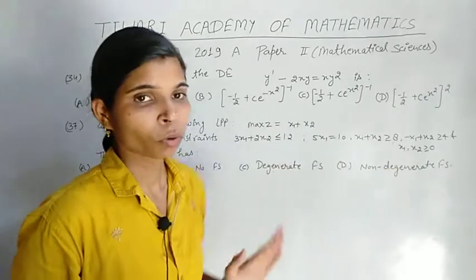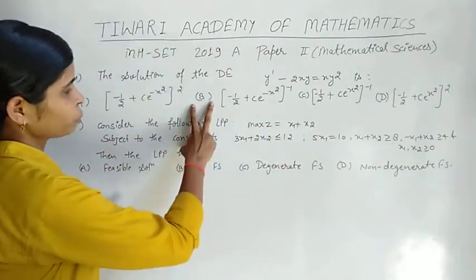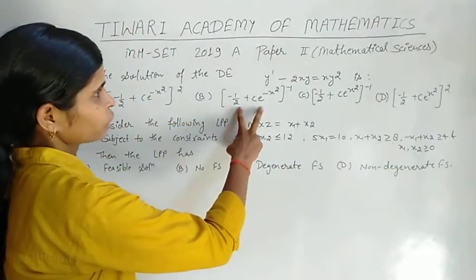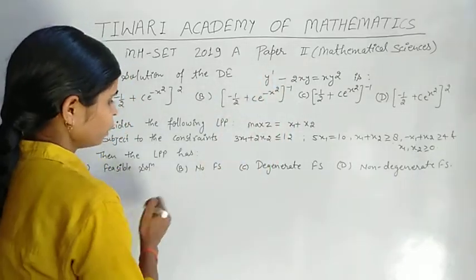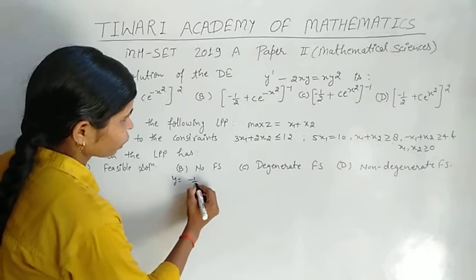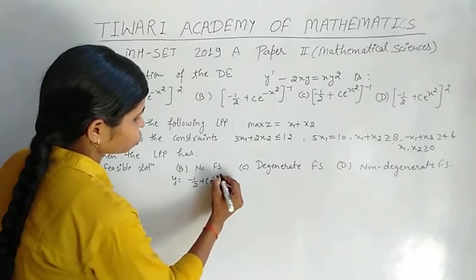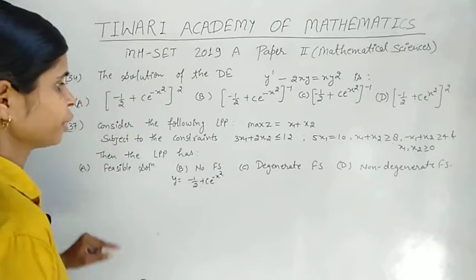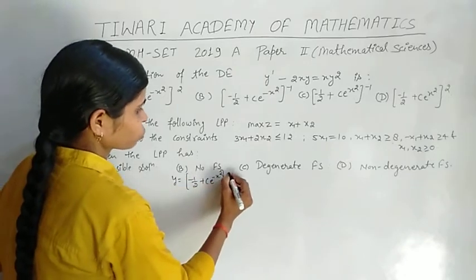Similarly D. Okay, let us check option B. If B is our solution, then it satisfies the given differential equation. Means let y is equal to (-1/2 + c e^(-x²))^(-1).